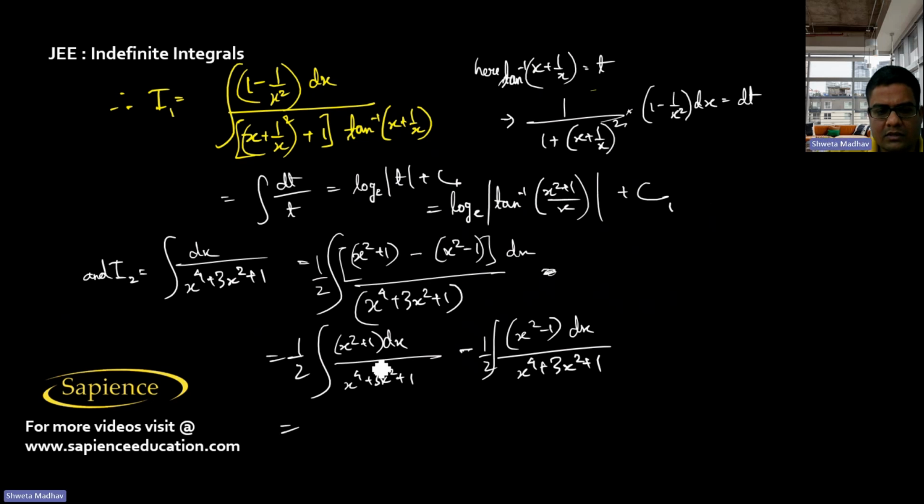So now here we can divide the numerator and the denominator by x square, and here also.